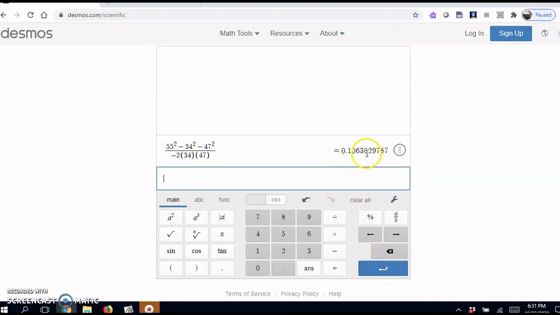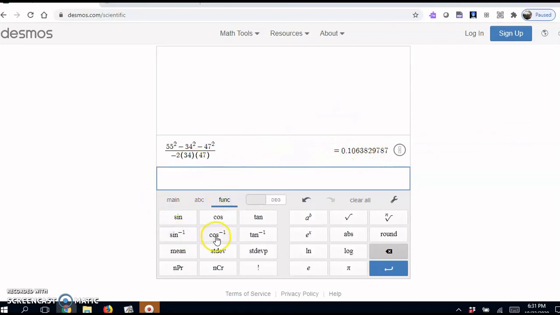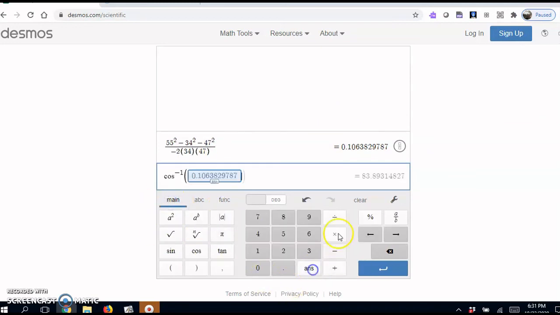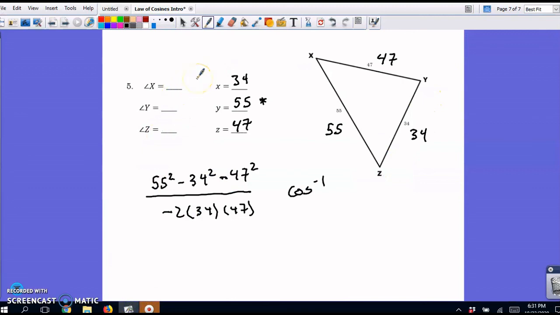Because that is a positive number, that's going to be an acute angle. So when you do the inverse cosine of that answer, it'll give you an acute 84. So that angle Y is 84 degrees. Then set up your law of sines: sine of 84 over 55 equals sine x over 34.